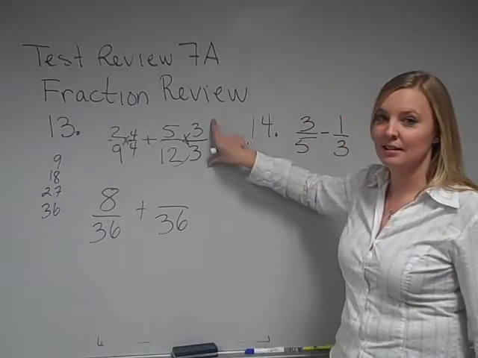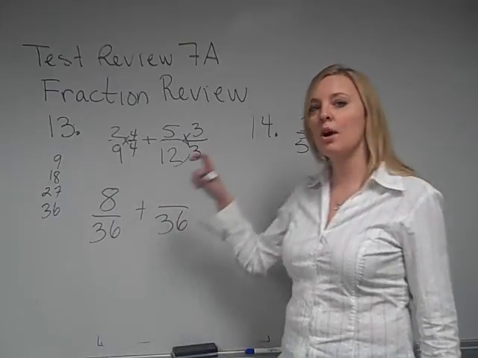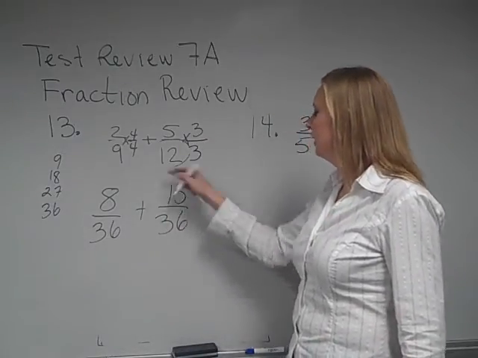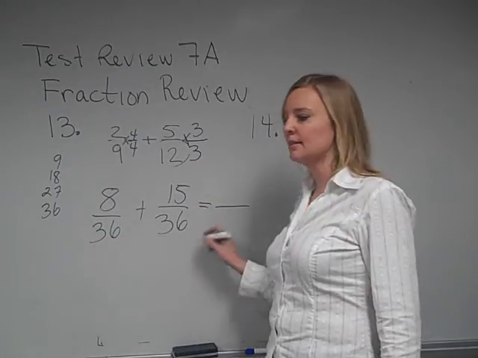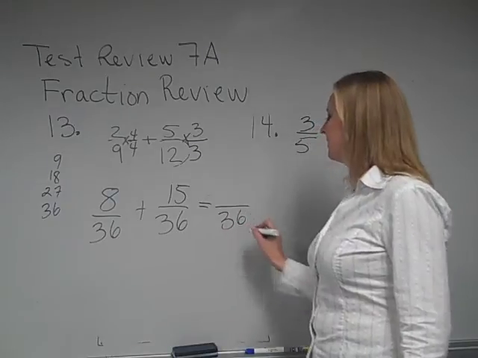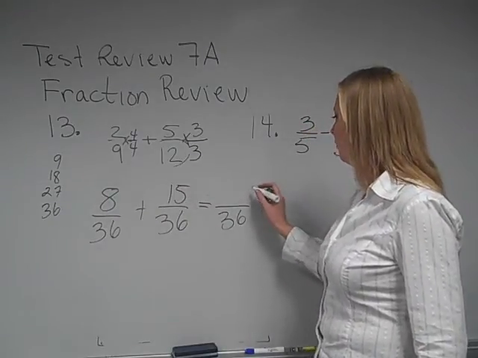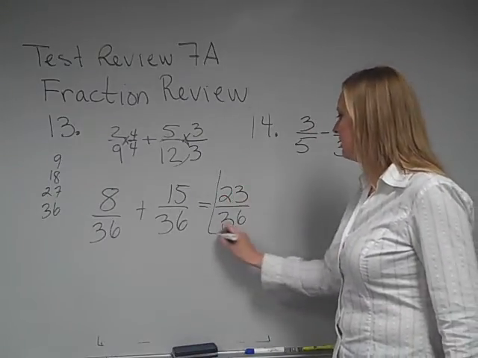The reason is 3/3 is equal to 1, and you're allowed to multiply anything you want by 1. So now you have 15/36. So the size is 36. How many? You have 8 and you have 15 for a total of 23/36.